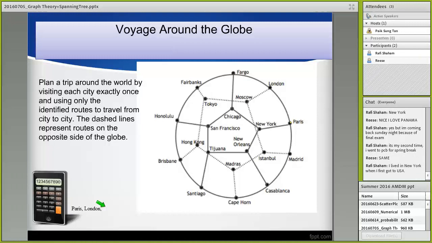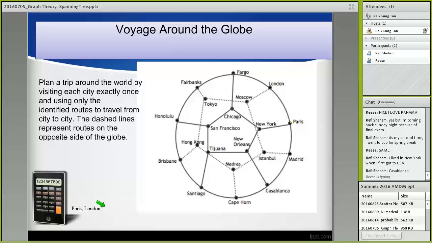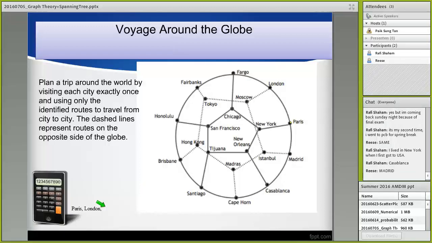So after New York, where should we go? New Orleans, right? Casablanca. What's the last place we are going to?